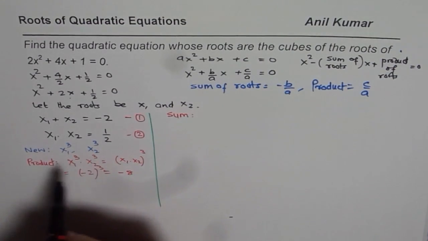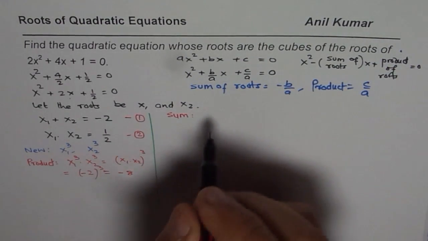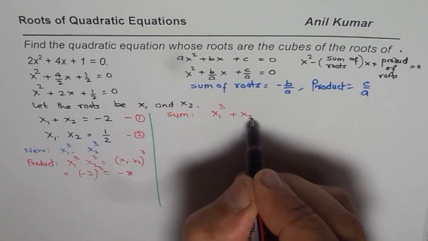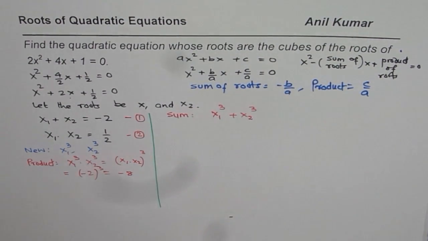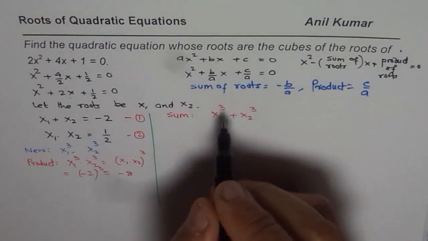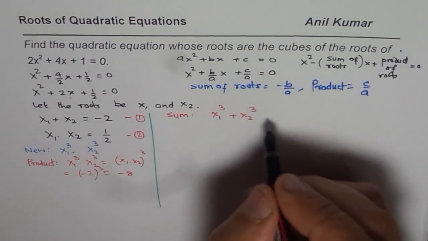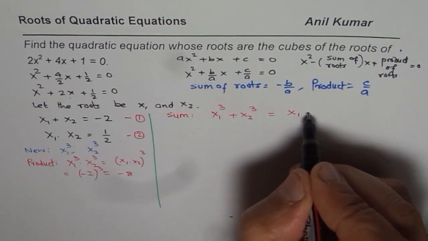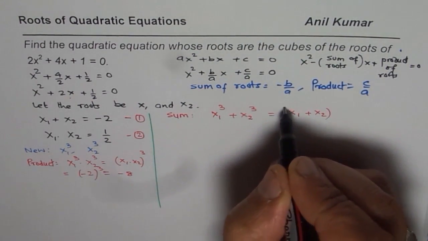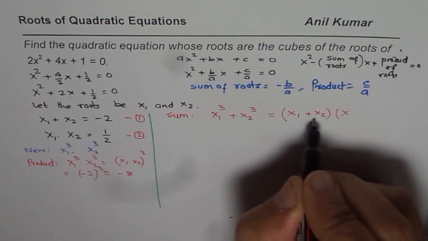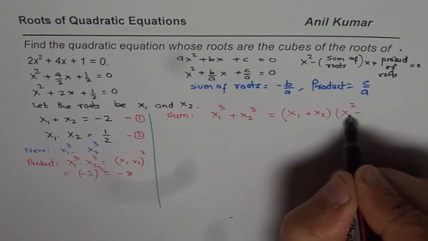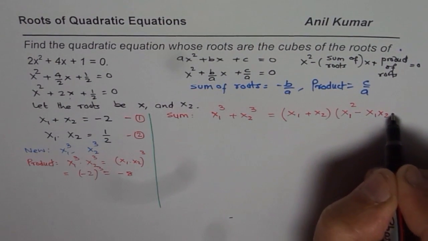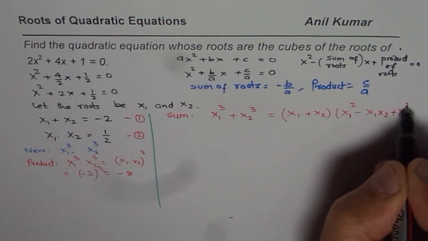Now let us find the sum. Sum of the new roots will be x1 cube plus x2 cube. That is what we get. Now if you remember the formula for sum of cubes, I could write this as a plus b, which is x1 plus x2, times a square minus ab, that means x1 x2, plus b square, correct?